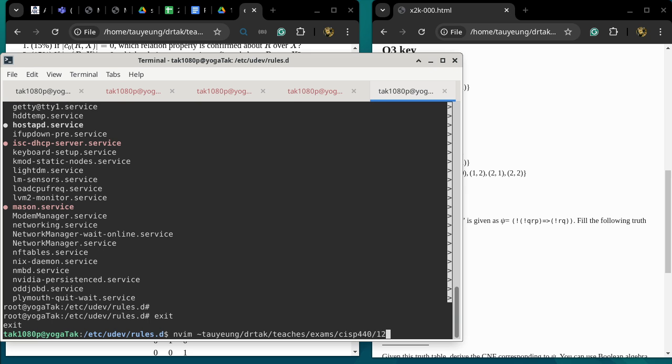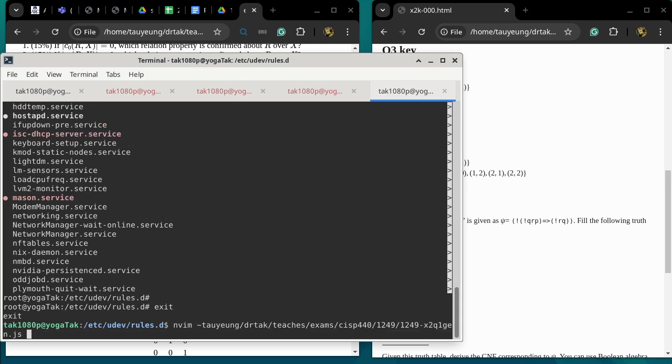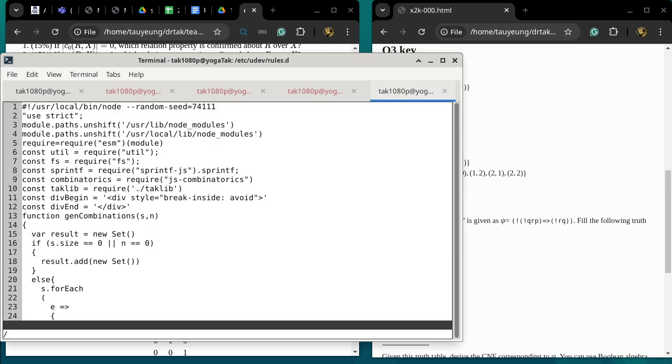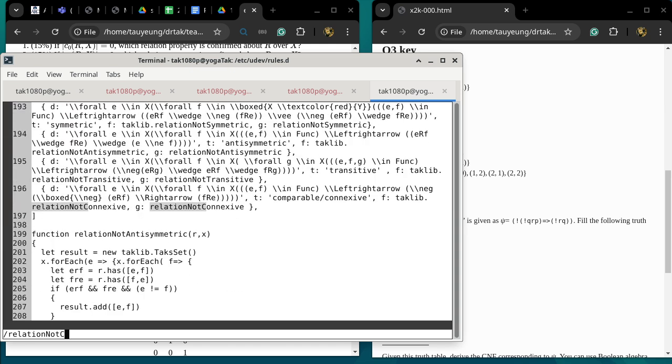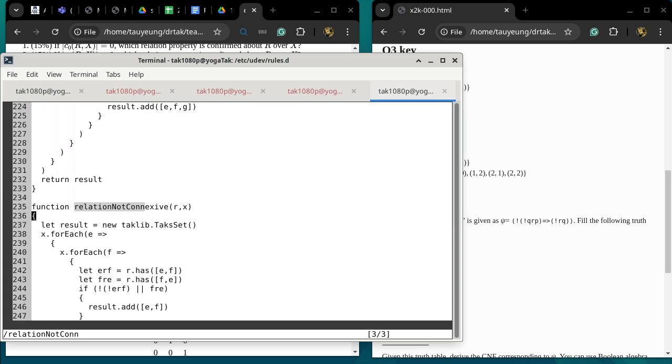This is 440, and let me see. 1249 x2 q1 gen. And I'm looking for relation not comparable or connexive. Okay, there we go.